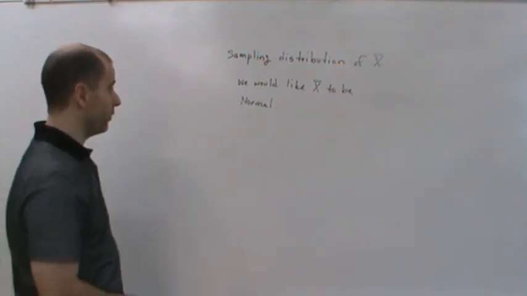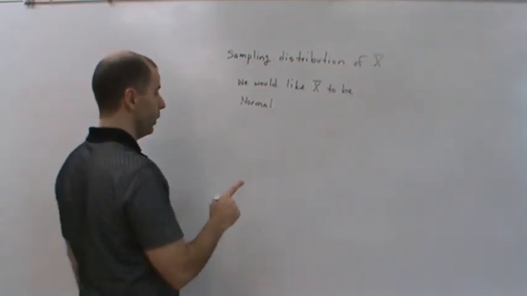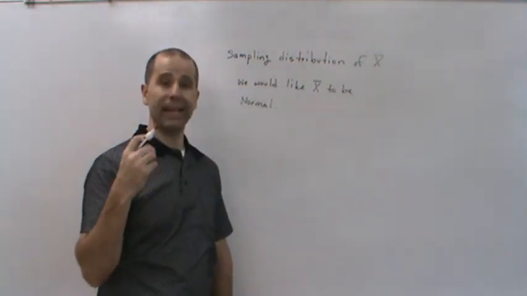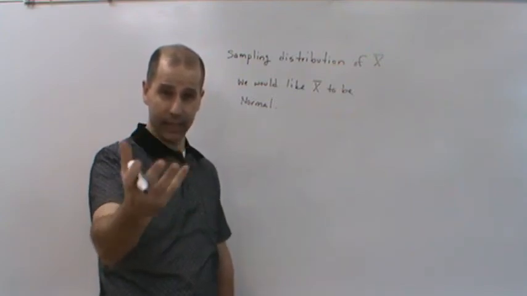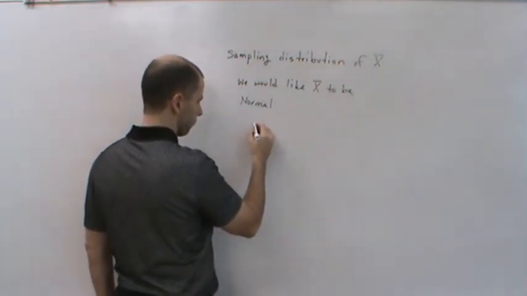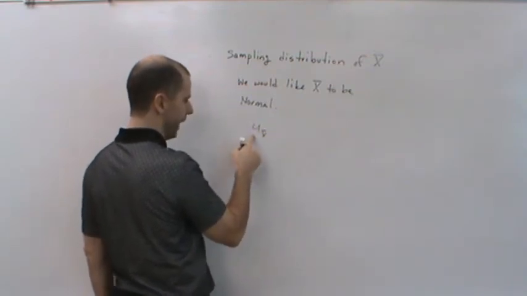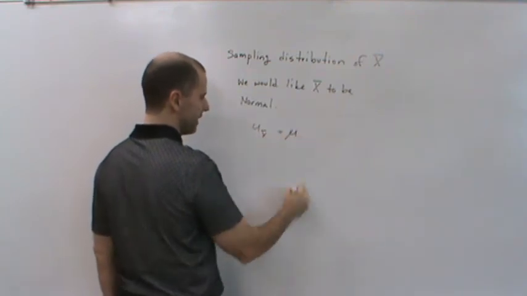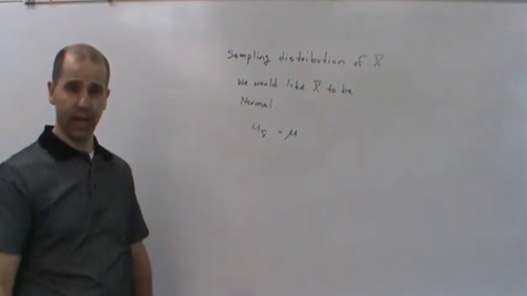So now what are the other things that are a consequence of that? Again, it makes sense that the mean of the means, if we took the average of the sample means, which we'll call mu of x bar, would be equal to mu, from what we just discussed.